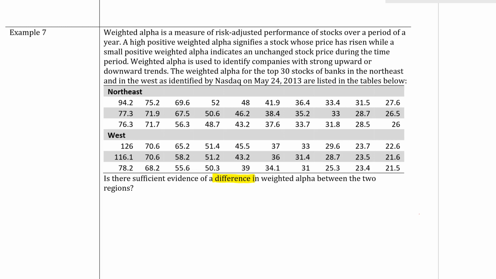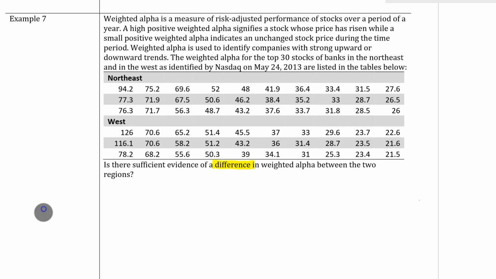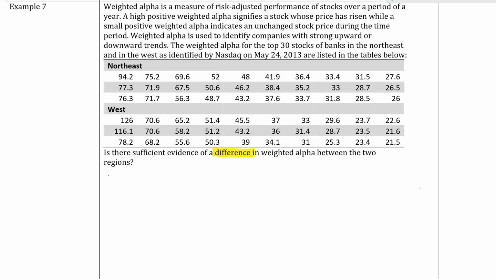So let's go through our 5 steps and see how this pans out. Our first step is to make sure we know what we're talking about, plus putting together our hypotheses. So we'll let mu_NE represent the mean weighted alpha for Northeast.